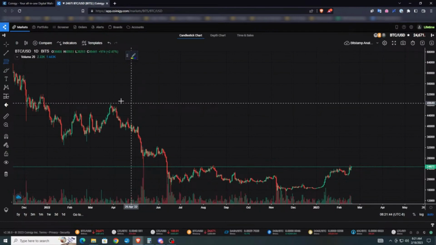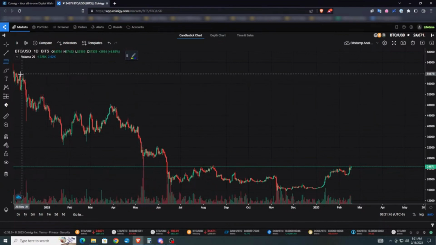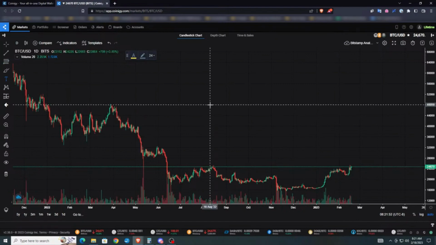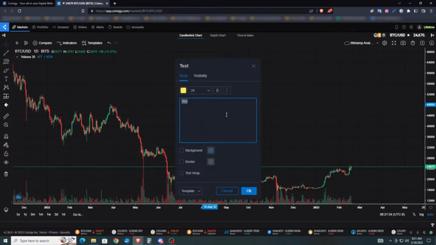At any given point in time, we always want to ask ourselves, and I always think it's a good idea for new students, new people to trading, to write on your chart, what question does this study attempt to answer?